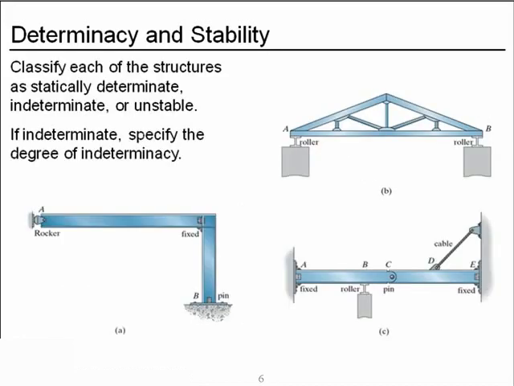So let's summarize what we learned. For the frame, we found it was a determinate structure because the number of unknown supports or reactive forces matched the number of equations of equilibrium.